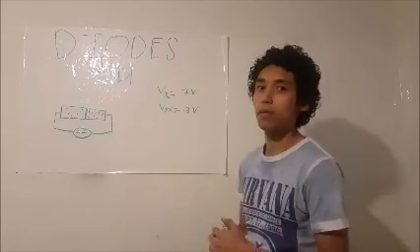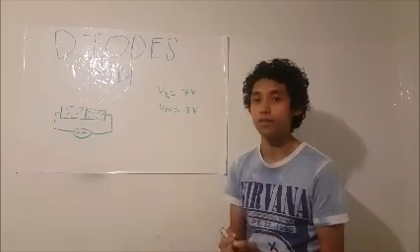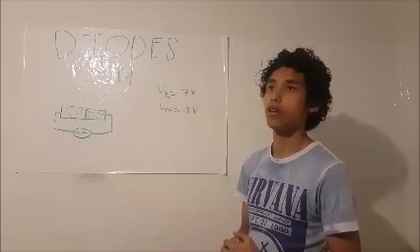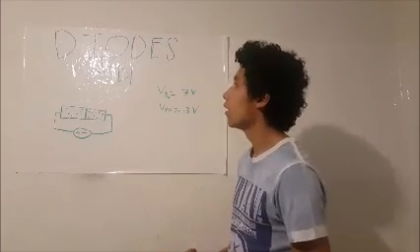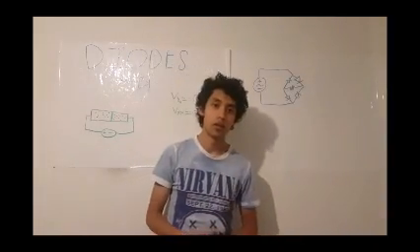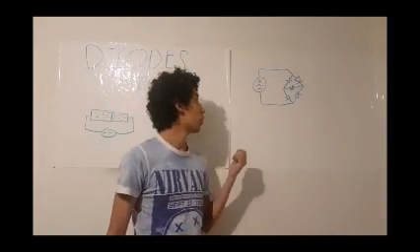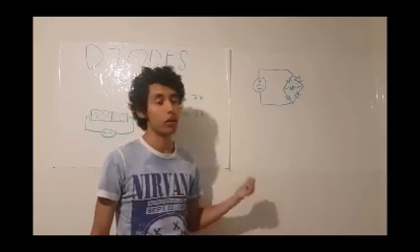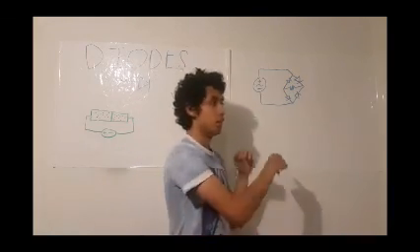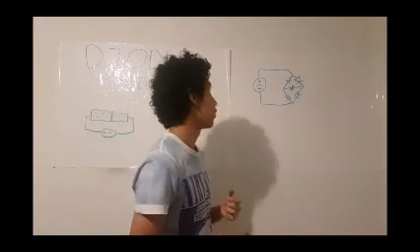Now, diodes are very important in electronics because they have a lot of uses. One of the most common uses of diodes is the diode bridge. This looks complex, but it's not that complex.